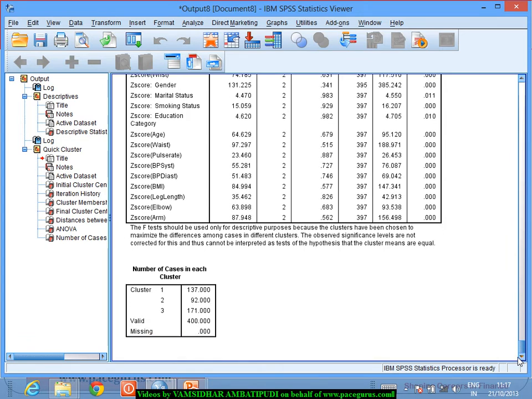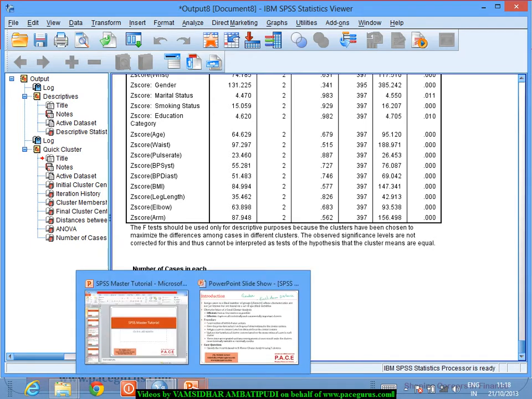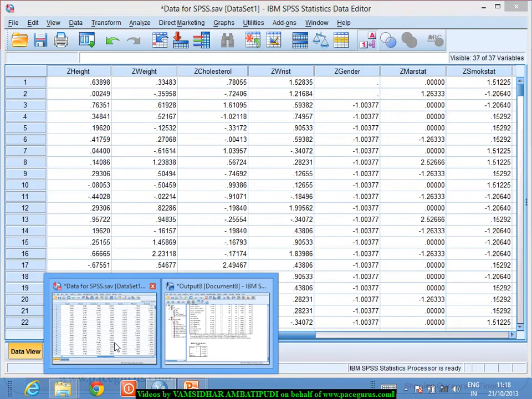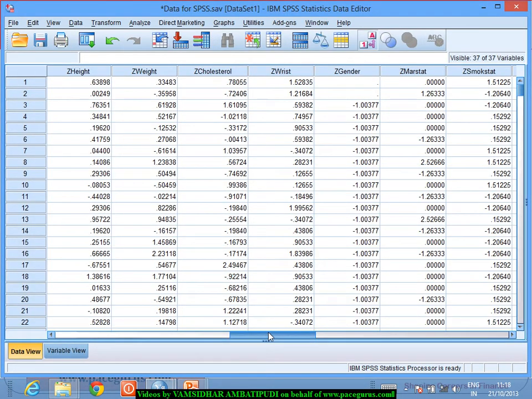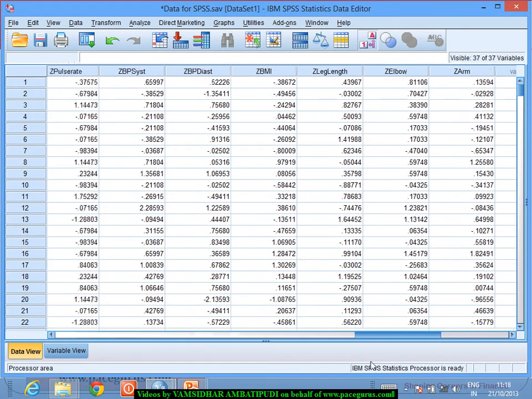Now if you see the number of records in each one, in cluster 1 we have 137 records, in cluster 2 we have 92, and in cluster 3 we have 171 records. So probably, did we save those clusters just to see? No, we did not save those.